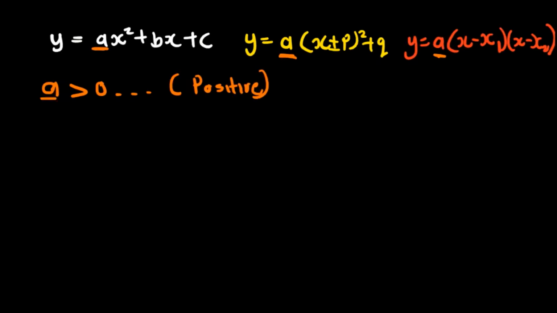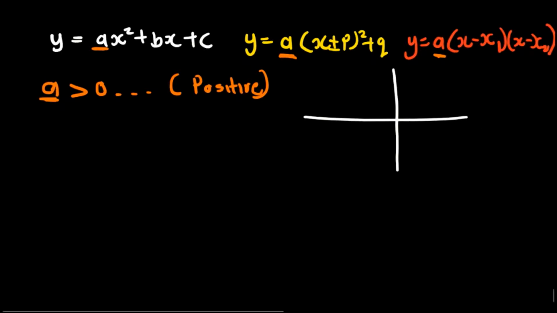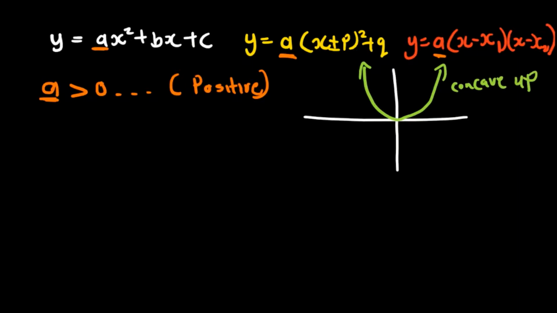So if this a value is positive, the graph is going to be concave up, right? So this means now that it is a smiley face, just like when you draw someone who's smiling, right? So maybe that's the way of remembering it.